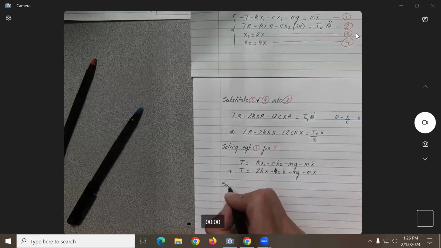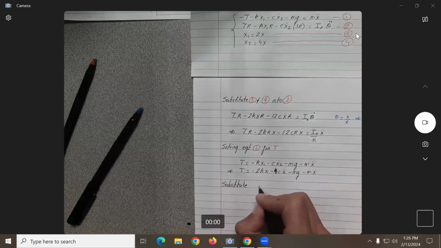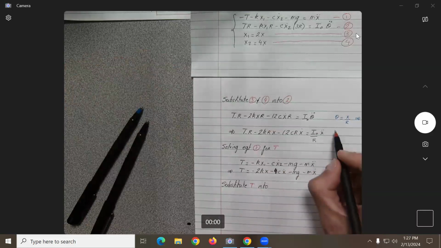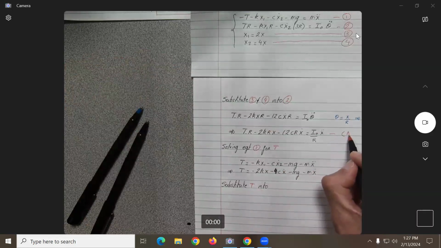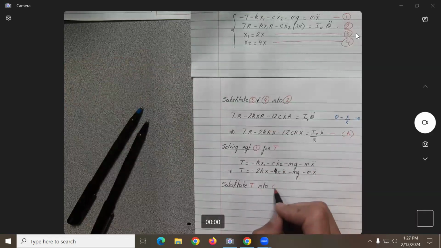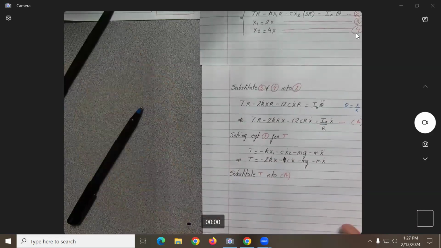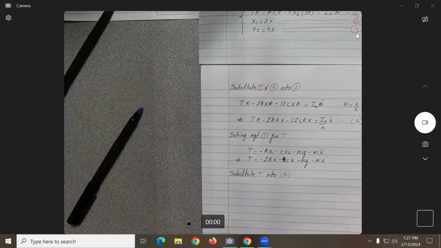Finally, what do we do? Substitute T, let's say, into this equation here. Let's call it A. I should have done that with Maple, but okay, so what is that going to give us?